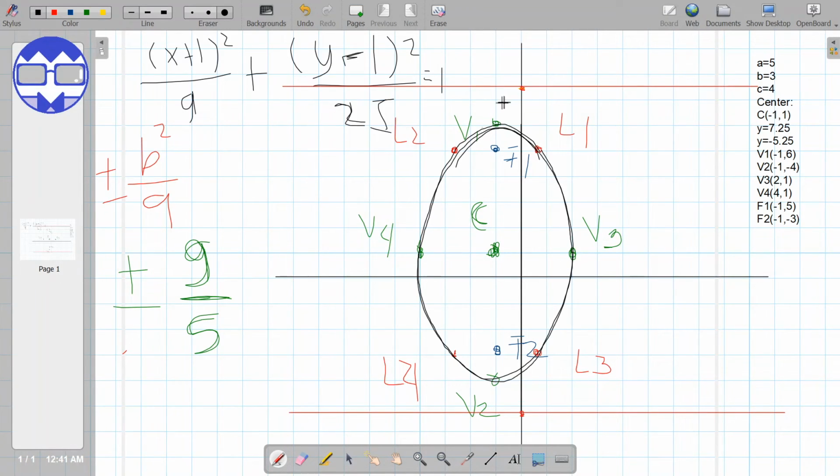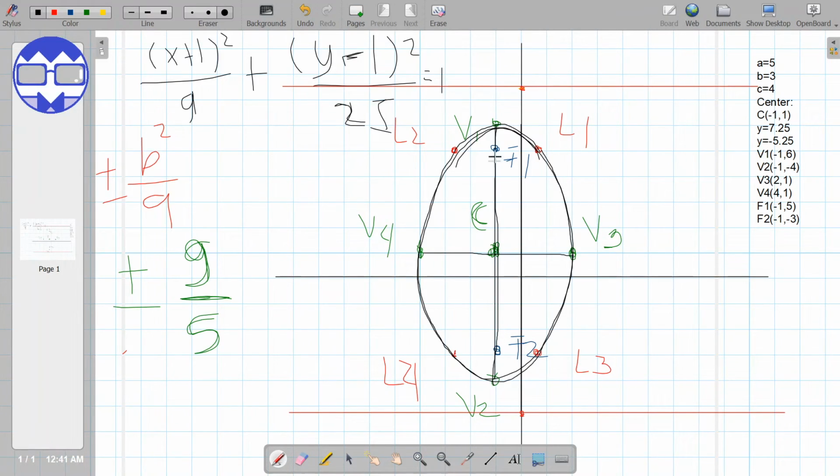Now, the major axis is actually this one here. That's the major axis, and here is the minor axis. If you try to count the length, it is 1, 2, 3, 4, 5, 6, 7, 8, 9, 10.